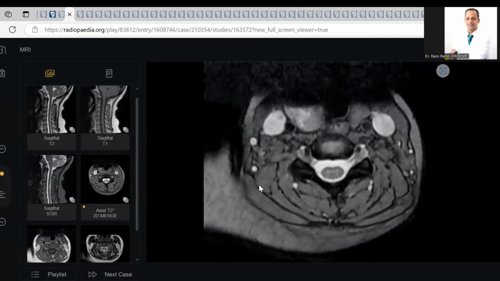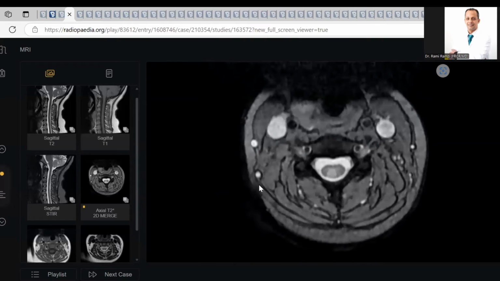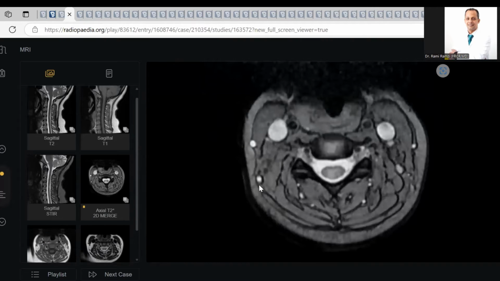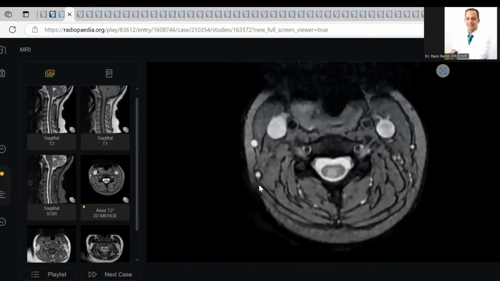Give me differential, please. Sir, it can be involvement by multiple sclerosis. It can be involvement by neuromyelitis optica or transverse myelitis. These are the differentials for this sort of involvement of the cord. What is your next step? Sir, I would like to screen the whole neuraxis to see any other concomitant lesions, and I would like to see previous imaging if available and correlate this with the history of the patient.